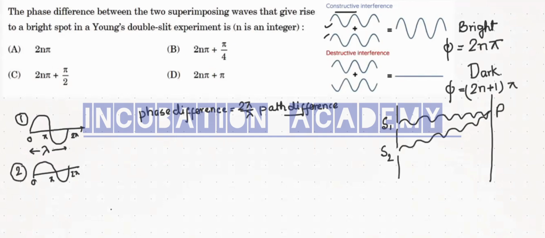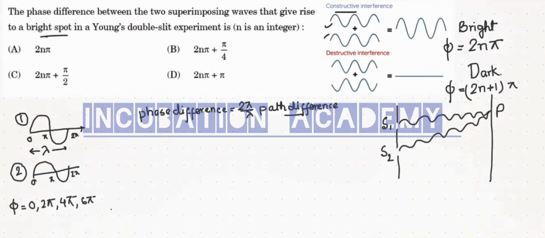So if the values of phi are 0, 2π, 4π or 6π, you are getting the bright images, which is what we are concerned about, when we get the bright spot.